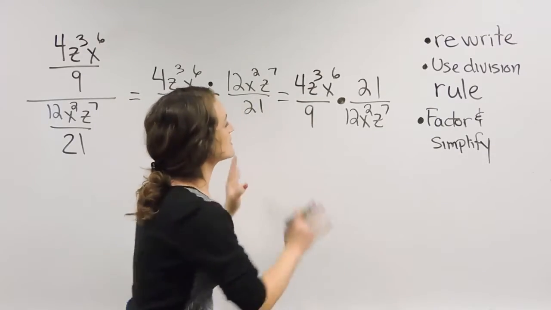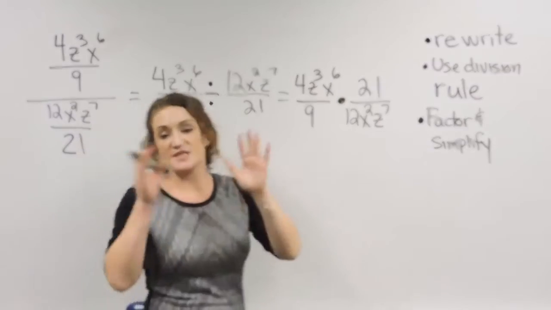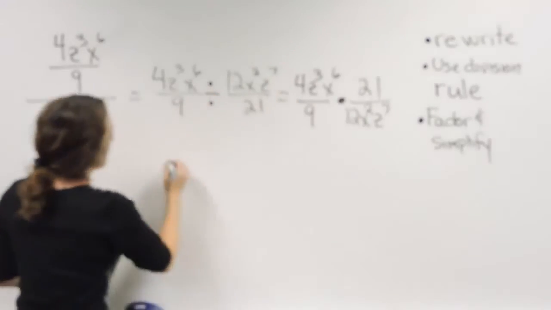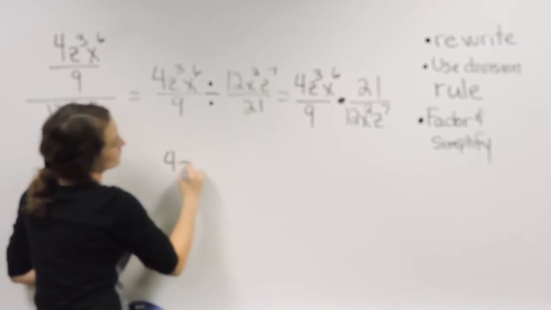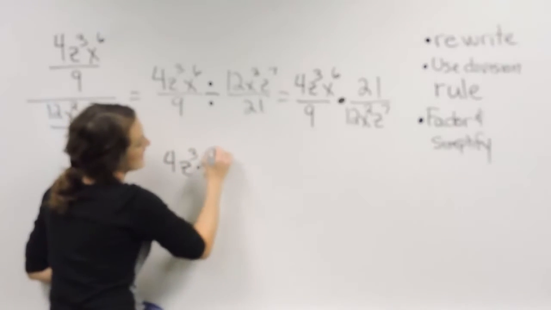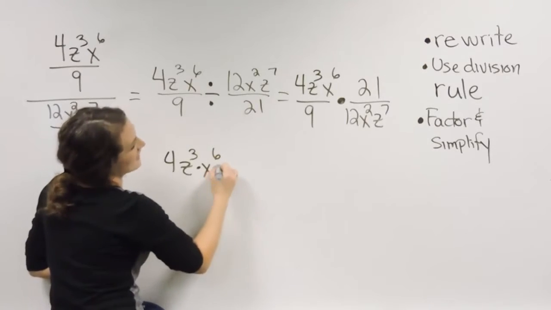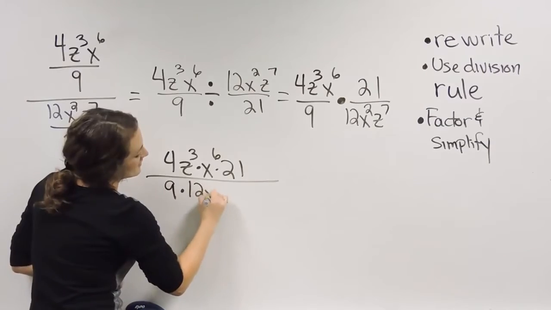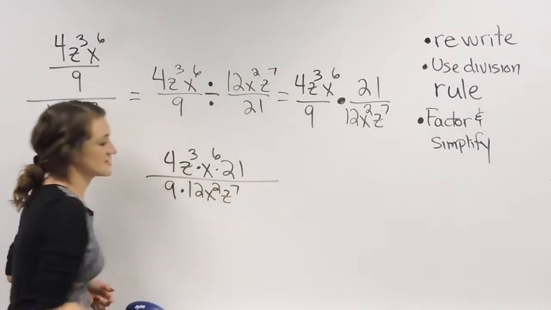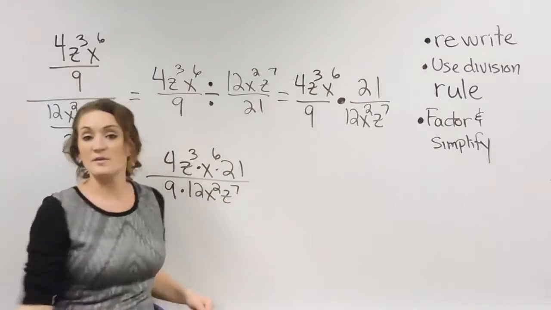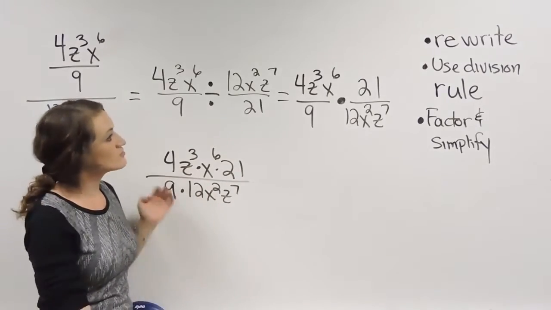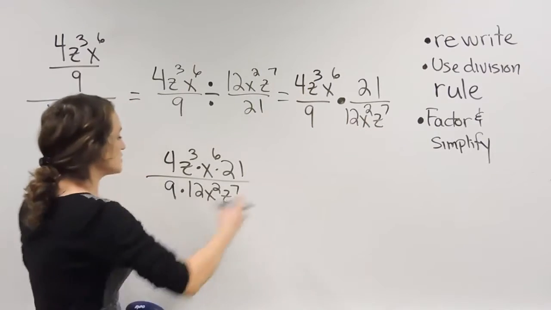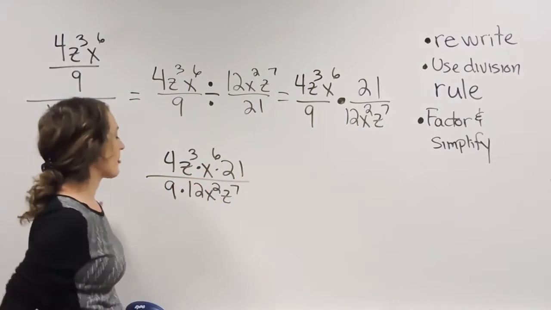The multiplying step is just a combining step. We're going to combine it all into one big problem: 4z cubed times x to the 6th times 21 over 9 times 12x squared z to the 7th. Just write it all as one problem like this. So don't actually multiply 4 times 21 and so on. Just group it all together in one.